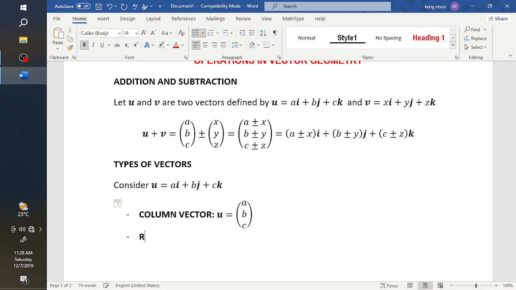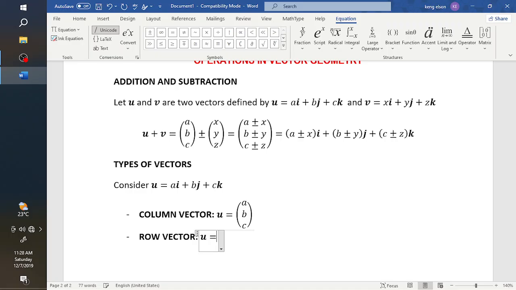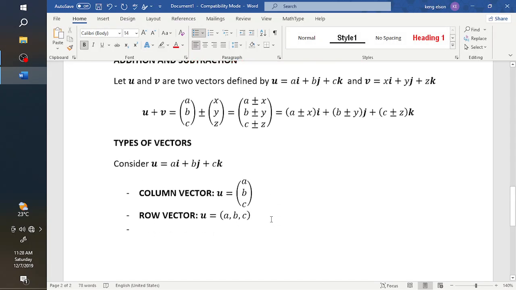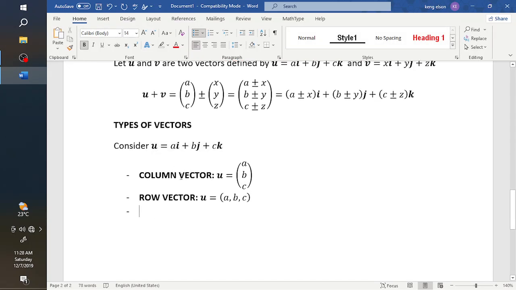Now what about a row vector? A row vector is a vector that rather has a single row with many columns. So I have the vector (a, b, c). Yes, that is the row vector of the vector u. So having the column vector and the row vector, those are two types of vectors.